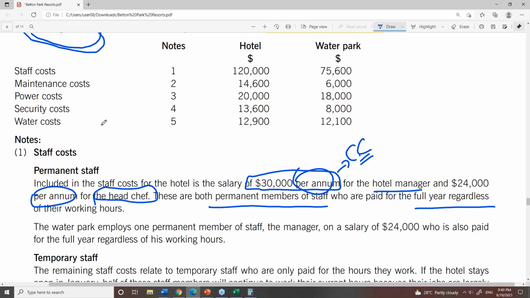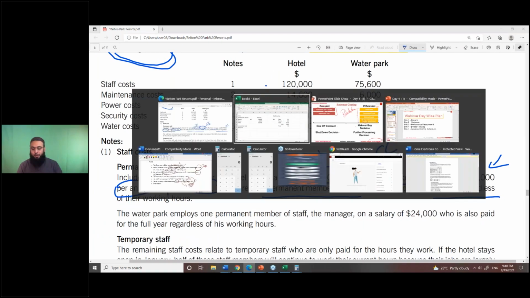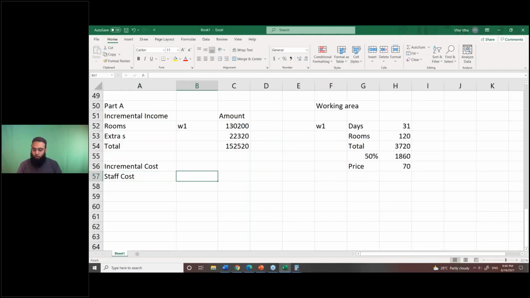So let me tell you here that this 120 includes the cost of these two that I should deduct, but it's per annum, so I need to make it per month, right? So staff cost, working 2 in the working area, total cost is 120, right?